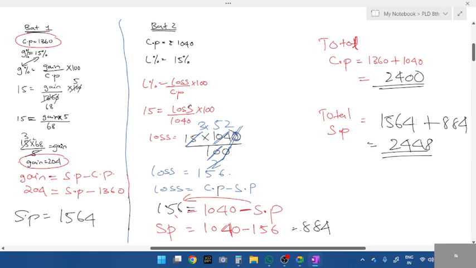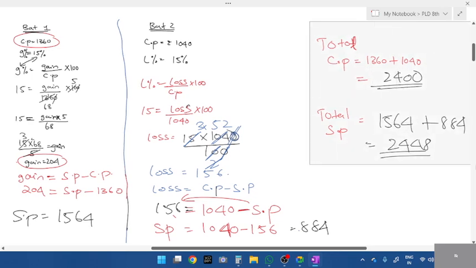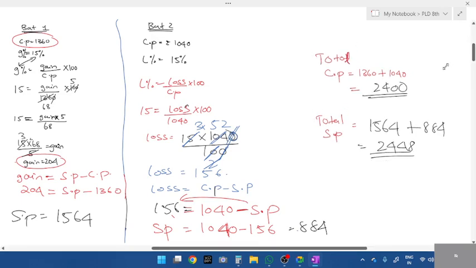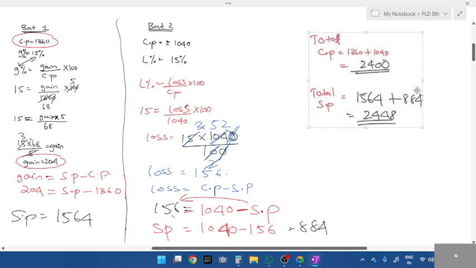Selling price, cost price. Profit, right? Because the selling price is more. So, right, profit or gain. You can use the word gain. Find the gain percent and tell me the answer.